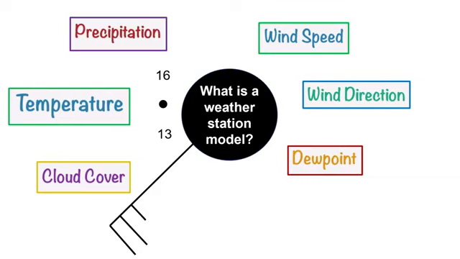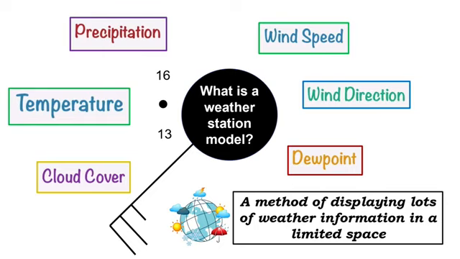It shows us the wind speed, the direction from which the wind is coming, the dew point temperature at that particular point, the amount of cloud cover, what the air temperature is, as well as the type of precipitation. Now, a weather station model is therefore a method that we use to display lots of weather information in a very limited space.